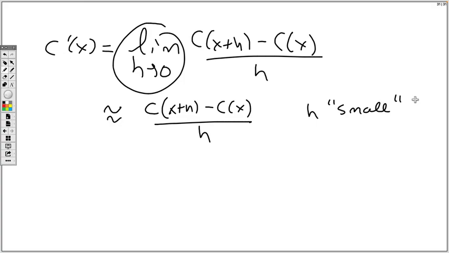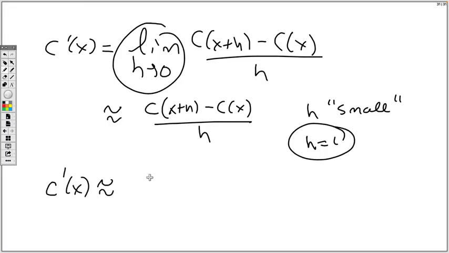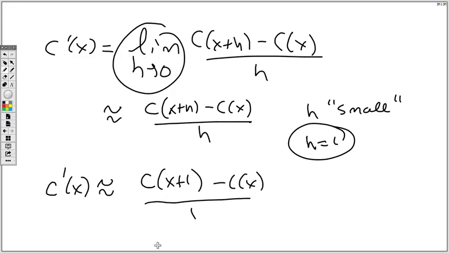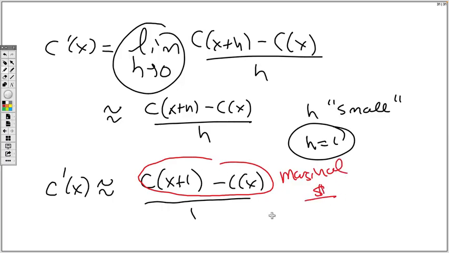If you're just measuring things discretely, going from one item to the next, the smallest h can be is h equals 1. So c prime of x is roughly equal to c of x plus 1 minus c of x, all over 1. This is the concept of marginal. This is the dollars per one item, so I'm going to take that one item and multiply it over there.